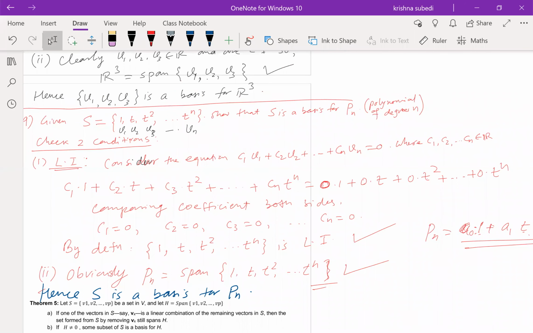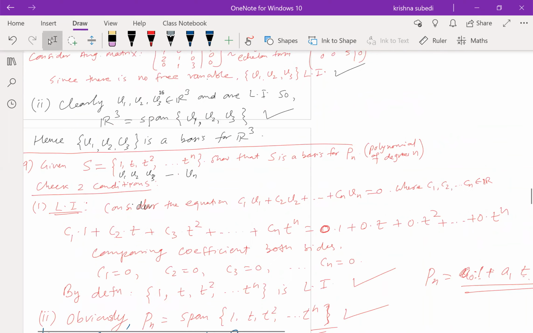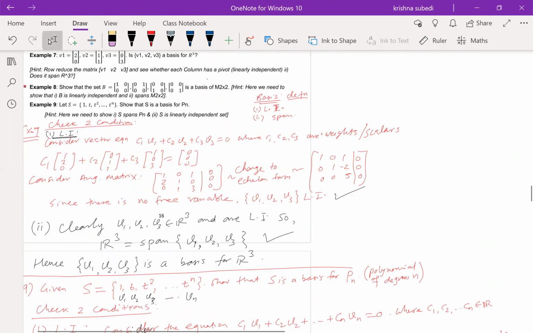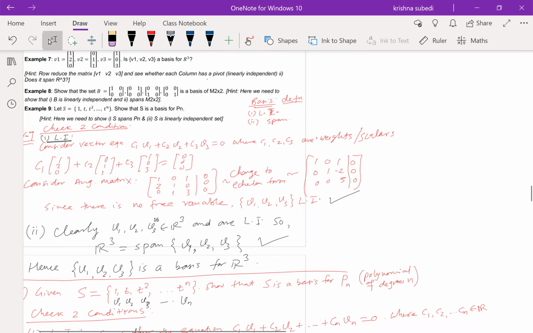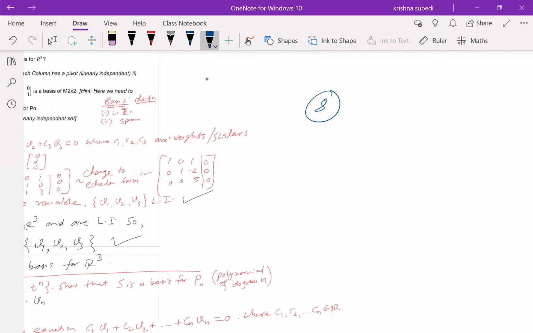Any question? Now I would like you to try this example 8 on your own, to show that the set is a basis for this one.